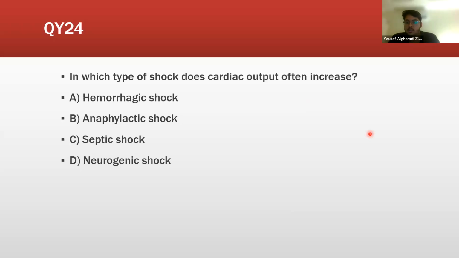In septic shock, the cardiac output increases because of the vasodilation in the affected tissues, and there's a high metabolic rate because of toxins and stuff like that. It's not exactly an allergic reaction; that would be anaphylactic. But it's septic, and it would cause vasodilation in other parts of the body. In the other types, it would decrease. Just keep that in mind. Cardiac output increases in septic shock.